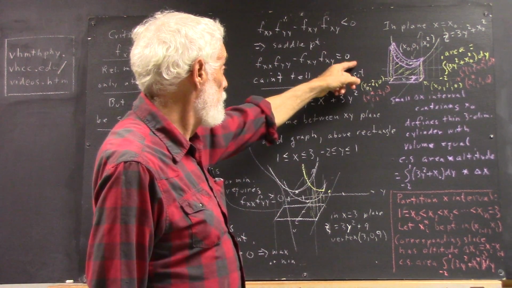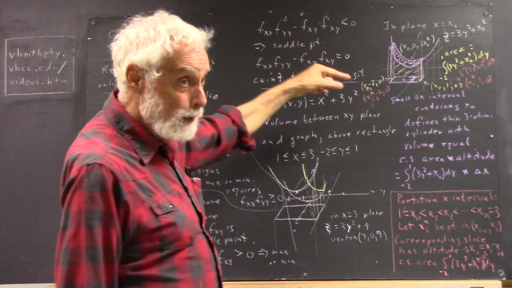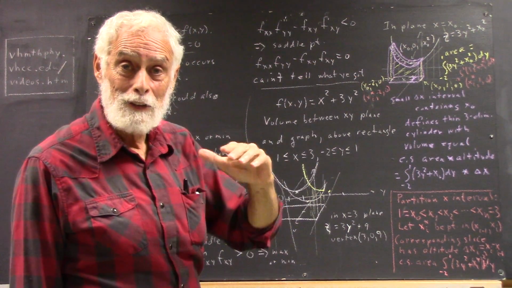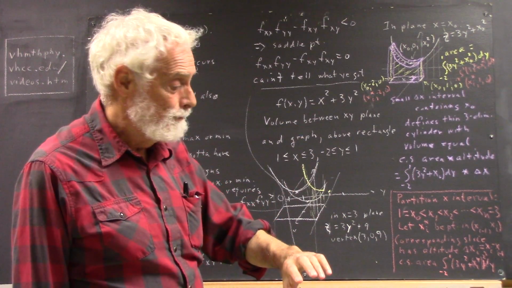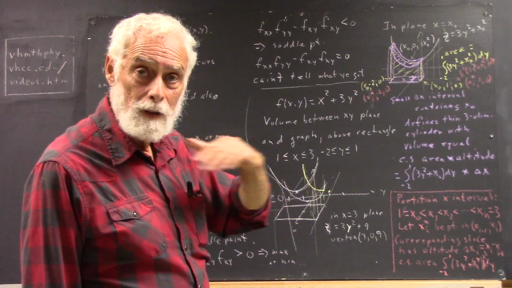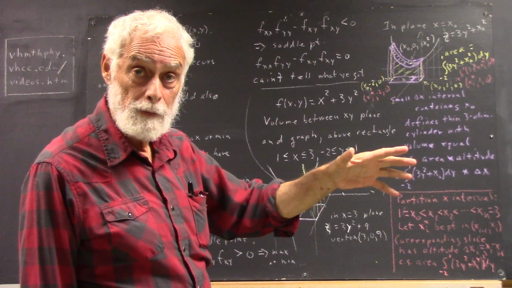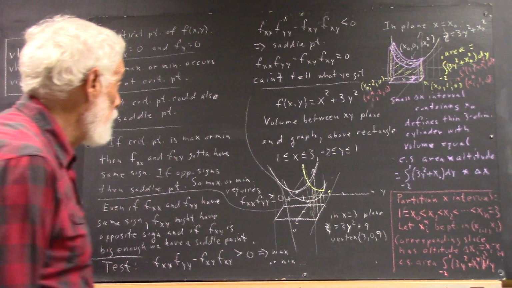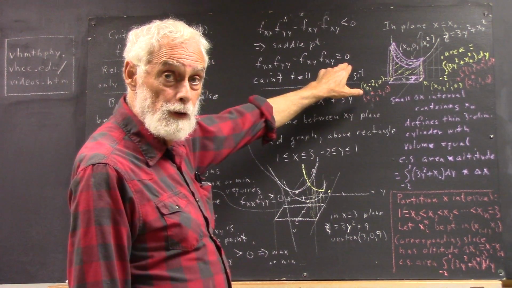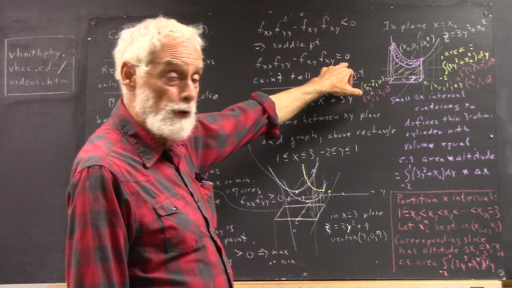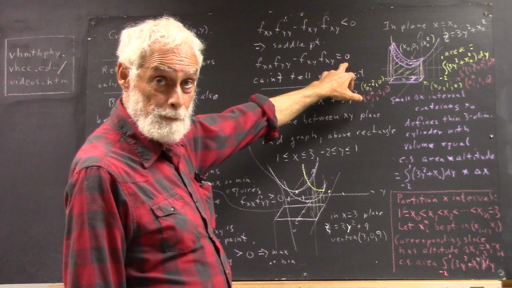And if it's equal to 0, you can't tell what you got. You can't tell whether you have a max, a min, or a saddle point. Okay, you might have either, you might have neither. Okay, so you can't tell anything if it's equal to 0, and if it's equal to 0, you got to do other things to figure out what you have.